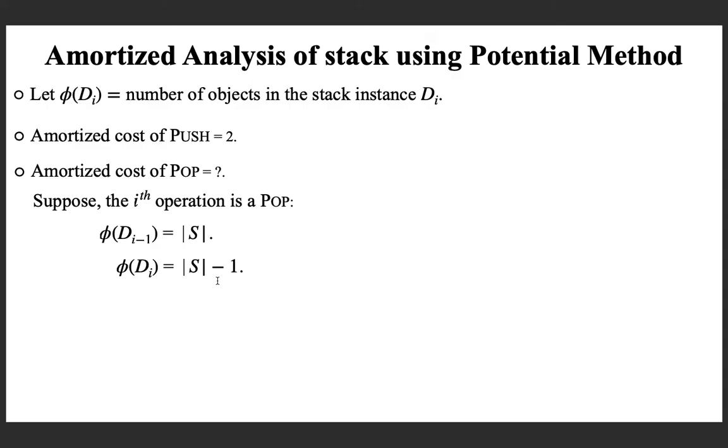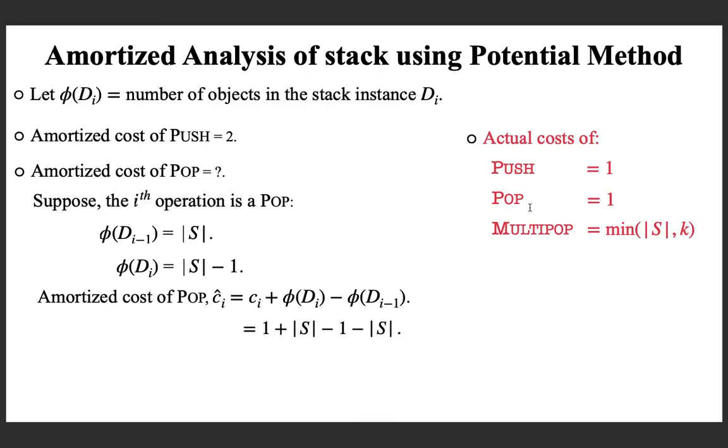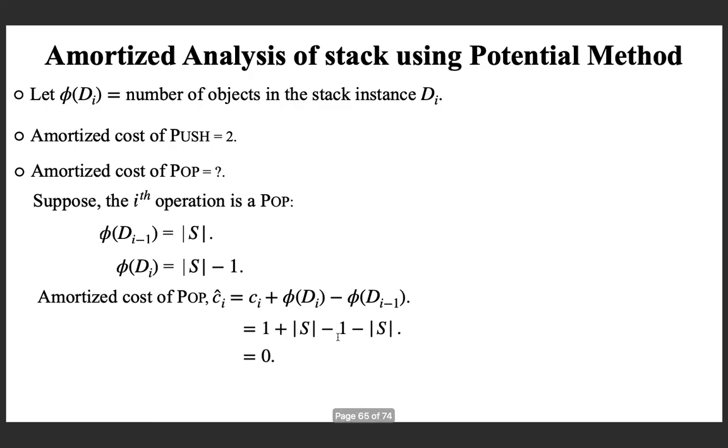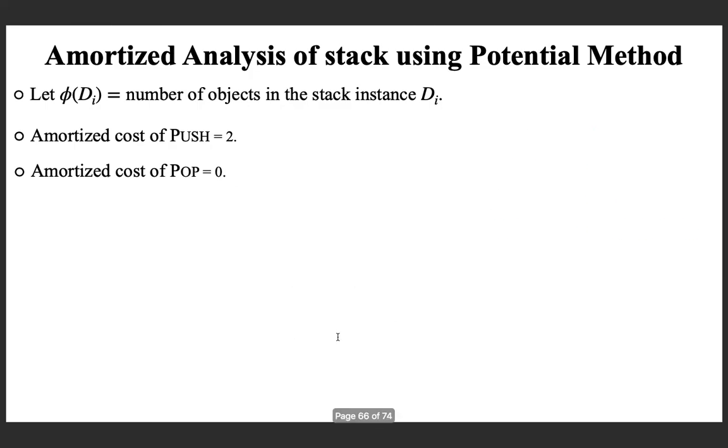Now to find the amortized cost, you apply the formula, you just substitute the value. You know that the actual cost of pop is 1 plus this quantity minus this value. The S and S are getting cancelled, and 1 and 1 are also getting cancelled. So the amortized cost of pop can be obtained as 0 in this analysis.